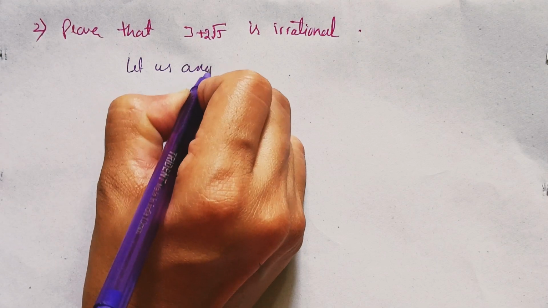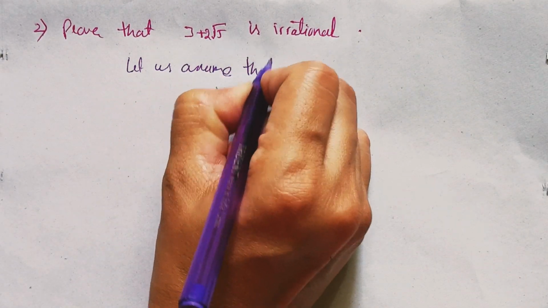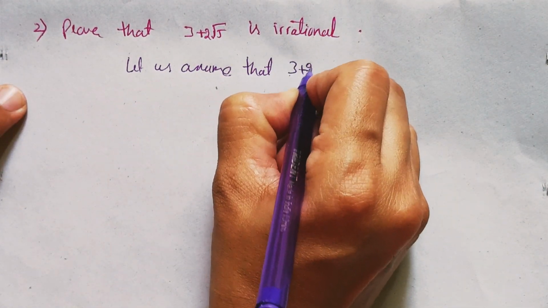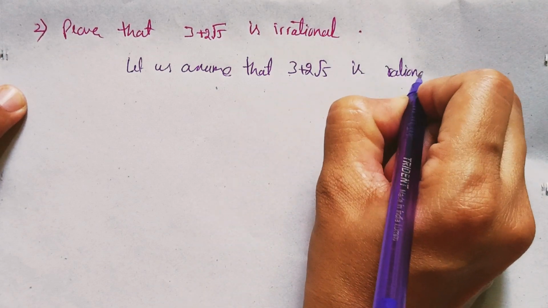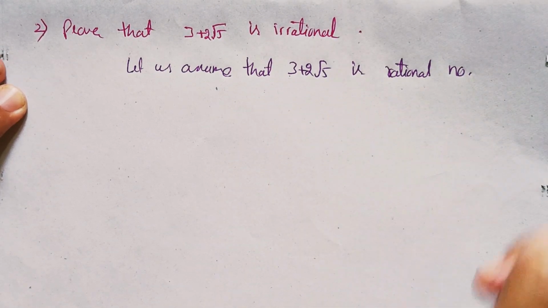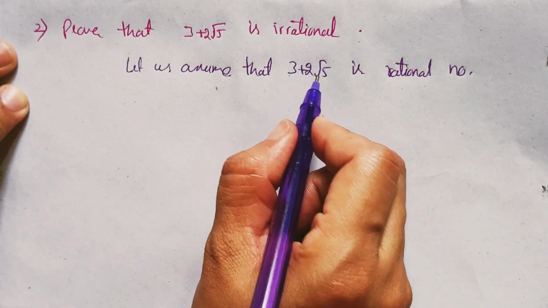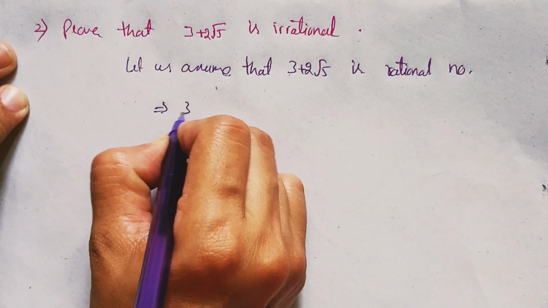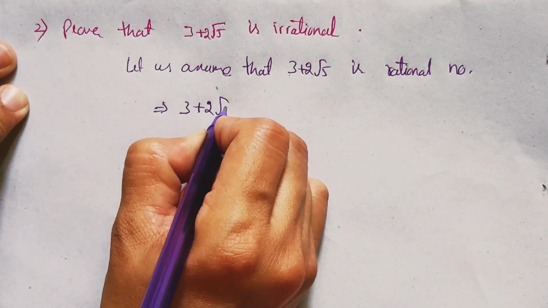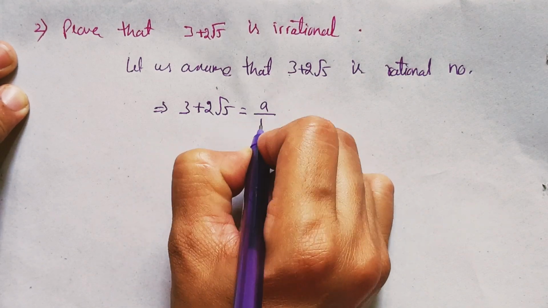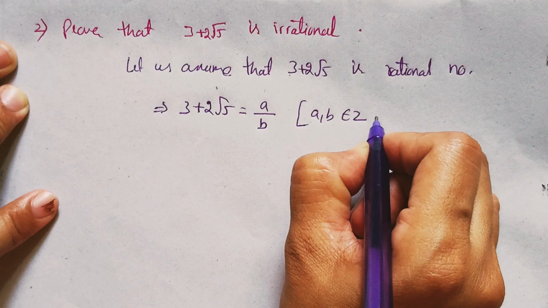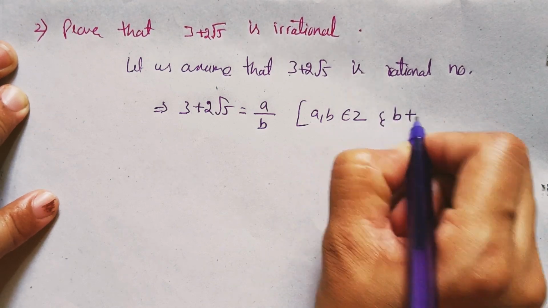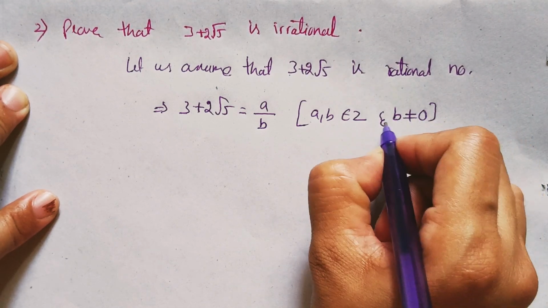Let us assume that 3 plus 2 root 5 is rational. Then 3 plus 2 root 5 equal to a by b, where a, b belong to Z and b not equal to 0.